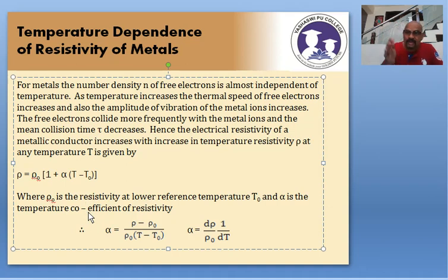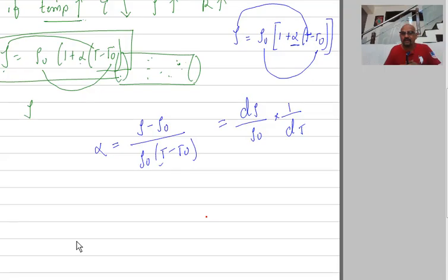Remember that. Now to have clarity of the things, listen. Here I have written alpha is equal to rho minus rho naught divided by rho naught into T minus T naught. Here rho minus rho naught represents the change in the resistivity, T minus T naught represents the change in the temperature, and rho naught I have written as it is.